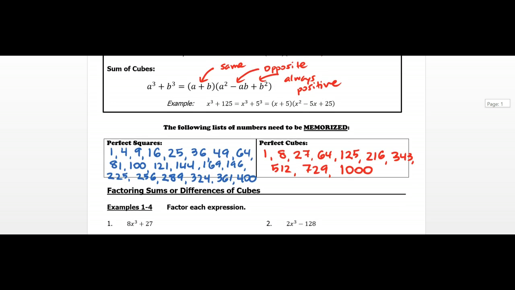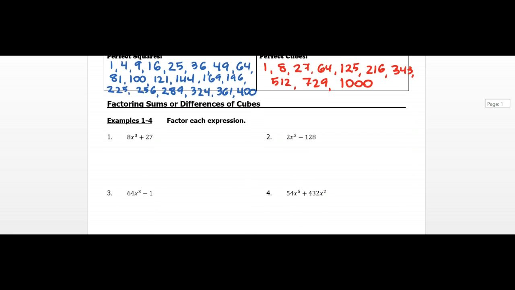Once you have those memorized, it's going to make your life a lot easier when you're factoring problems like 1 through 4. For instance, if you see 8x cubed plus 27, like we have in example 1, you should be able to recognize that both 8 and 27 are perfect cubes. So this is going to factor as a sum of cubes.